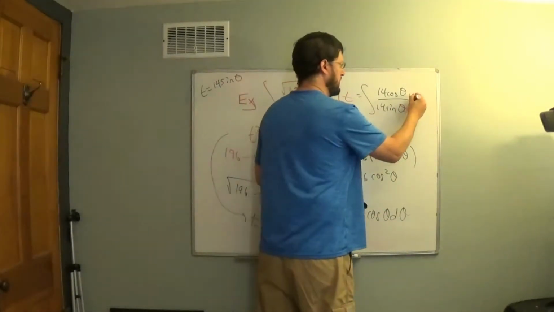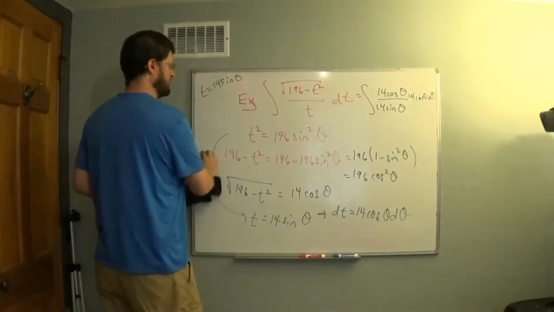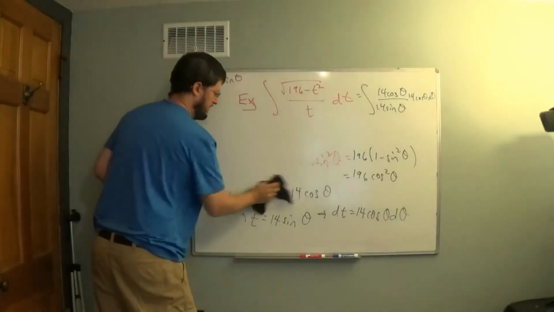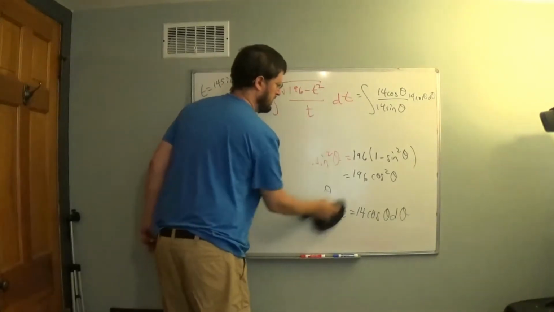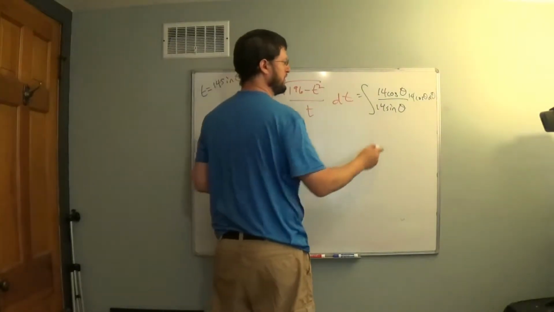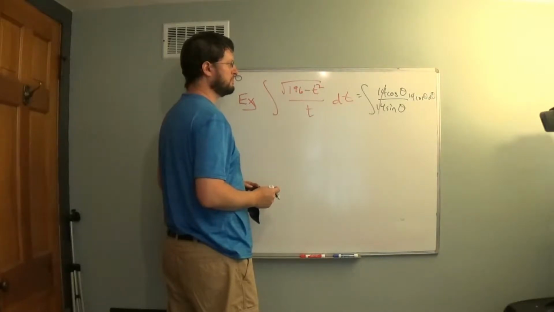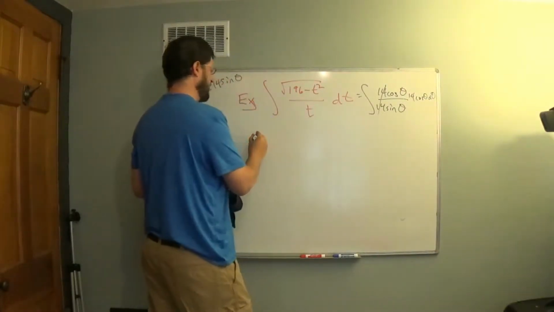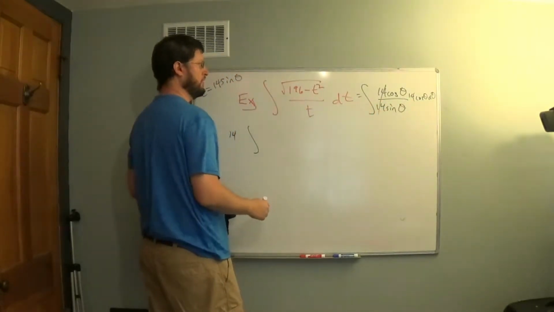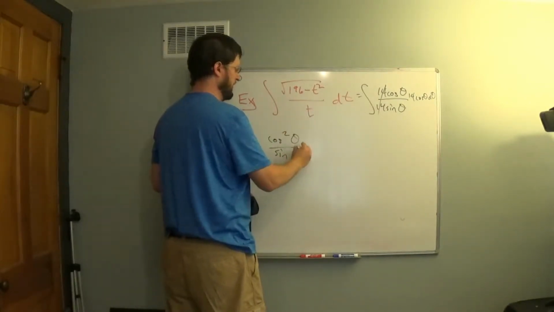So 14 cosine theta d theta. We simplify as much as possible. The 14s will cancel. And I'll pull the remaining 14 all the way outside of the integral. So this is cosine squared theta over sine theta d theta.